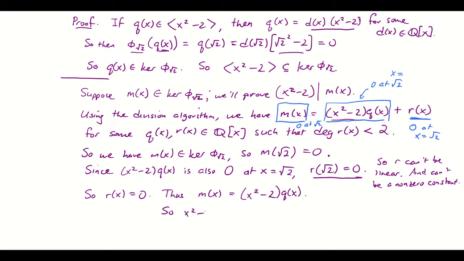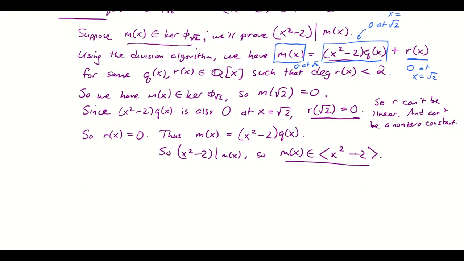So x squared minus 2 divides m of x, and so m of x belongs to the principal ideal generated by x squared minus 2, and that proves the other half of my argument, because I assumed m of x belonged to the kernel of phi square root of 2, and now I know it belongs to this principal ideal.